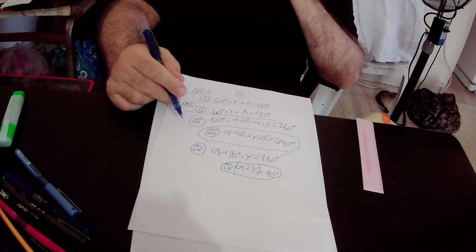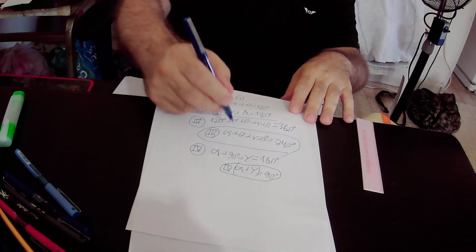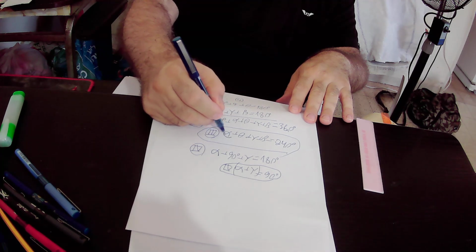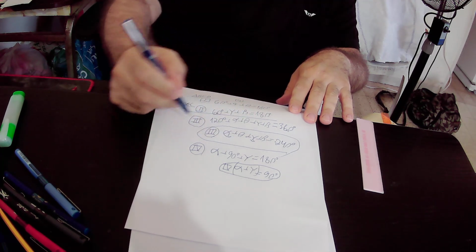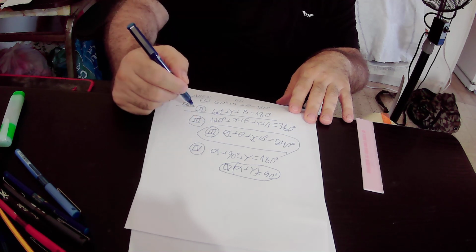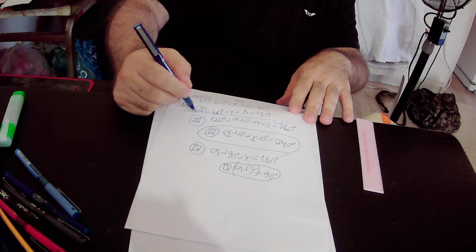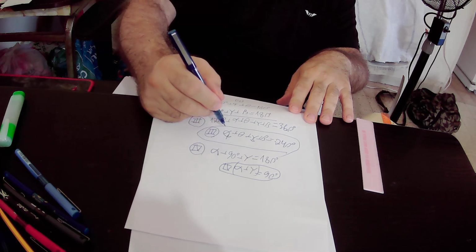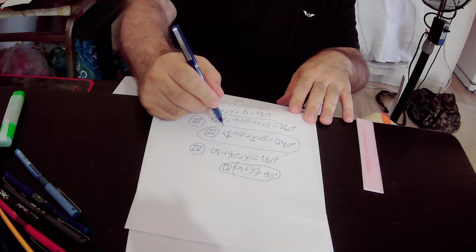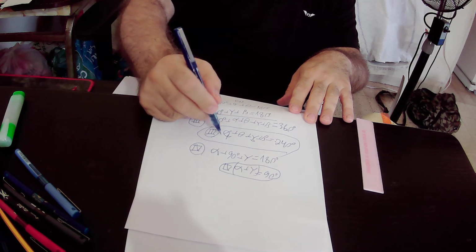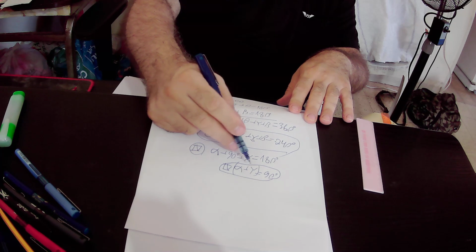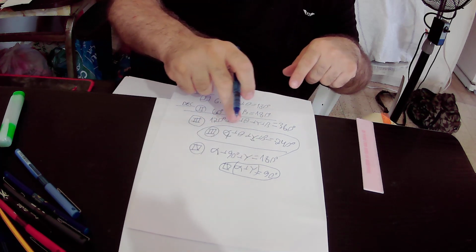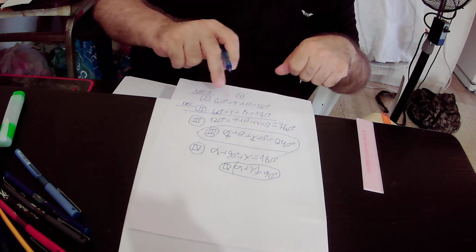But we have alpha plus gamma also in the third equation, so we can substitute alpha plus gamma in the third equation by 90 degrees.